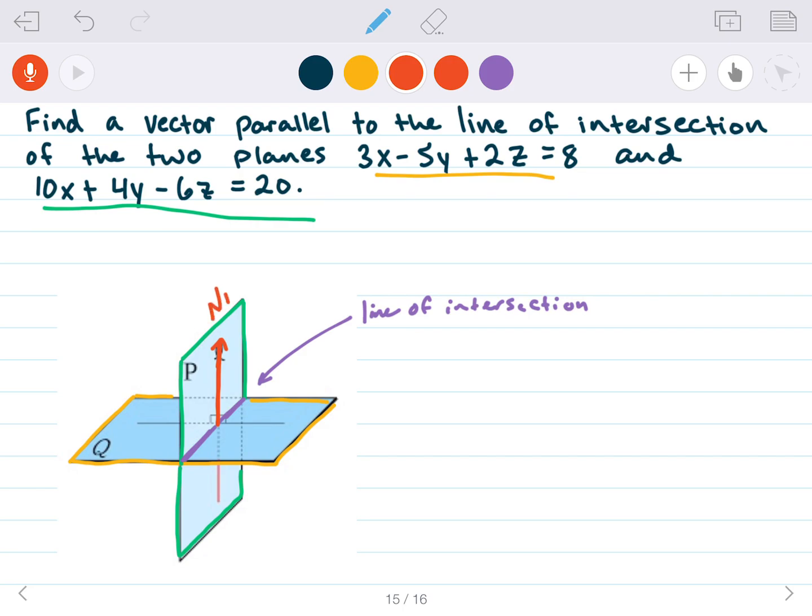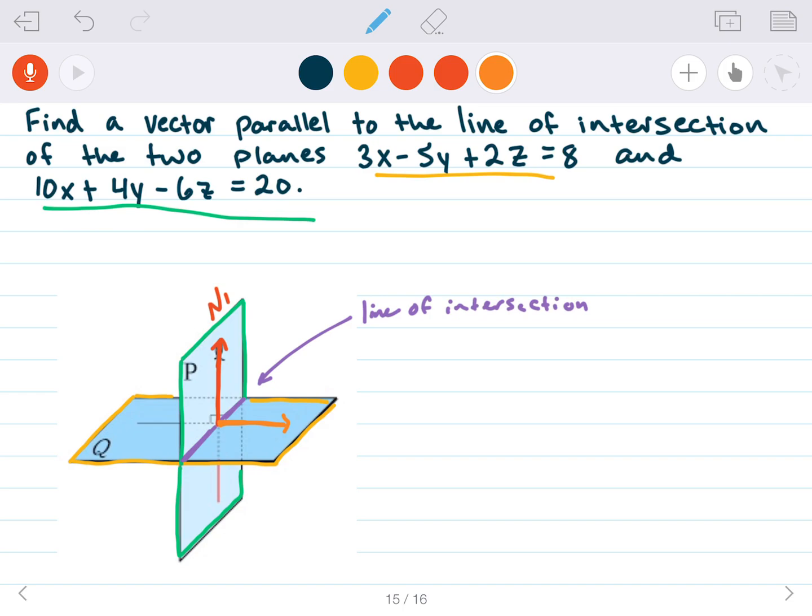Okay. And then the other plane, P, is going to have a normal vector that is coming straight out of it. So P, let's actually do this in orange. So P is going to have a vector that makes a 90-degree angle with the plane there.